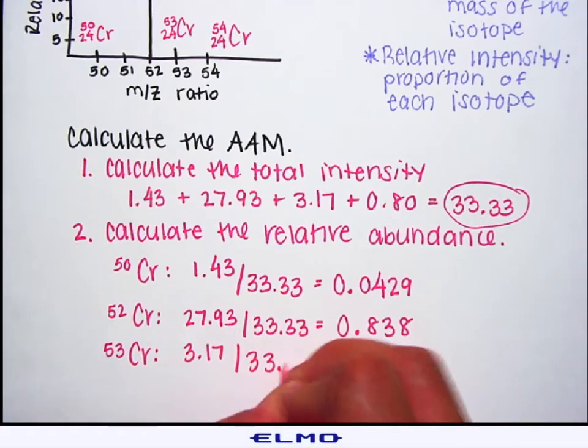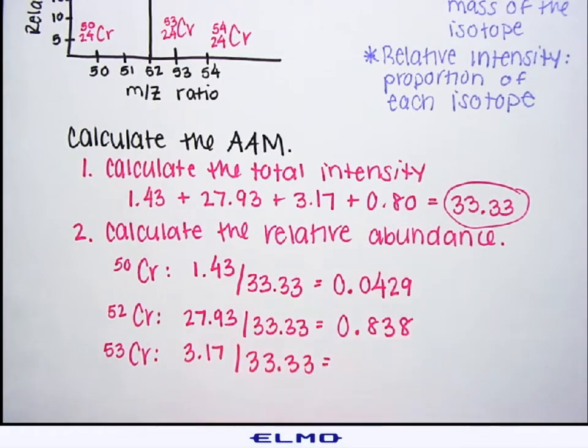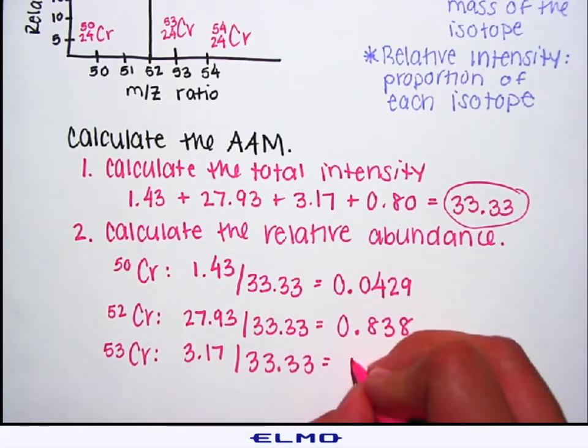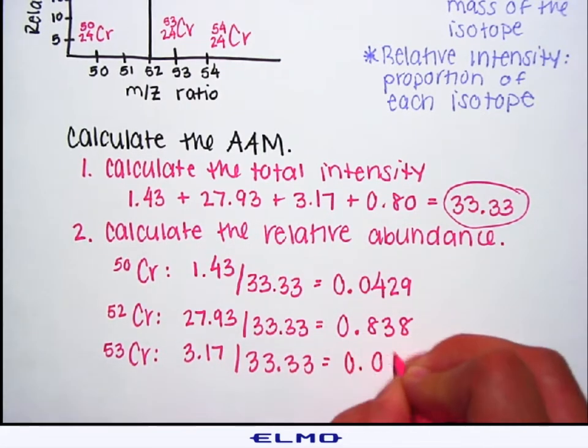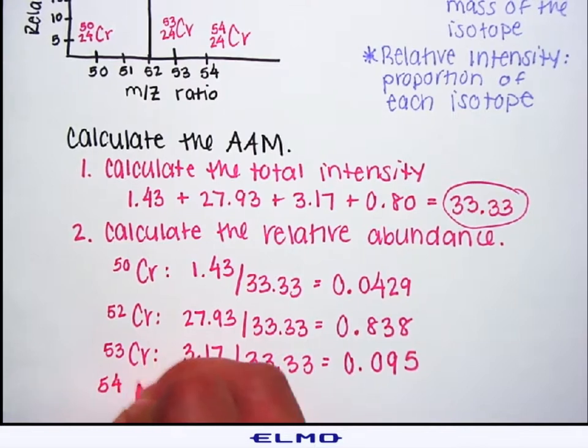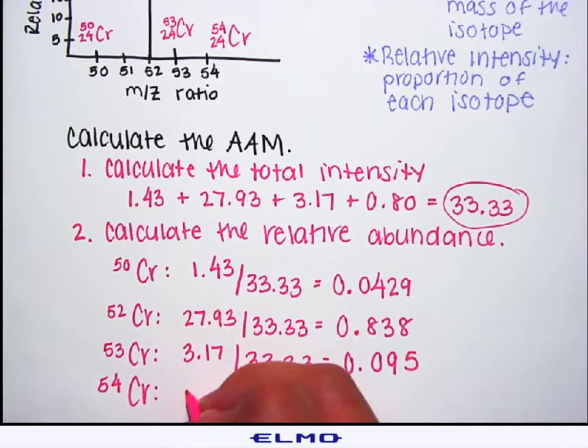Again, all I'm doing is a normal percent calculation. Part 3.17 divided by the whole. And then last one, chromium 54.